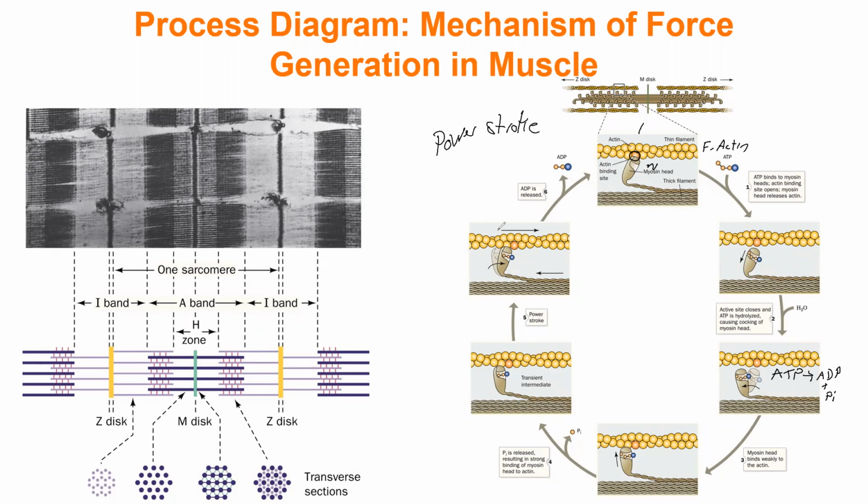This has the effect of moving the thin filament back while the thick filament goes forward. So we are contracting our muscle when we do this. After the power stroke is done, we release ATP, and we can do this again. So that's how your muscles contract.